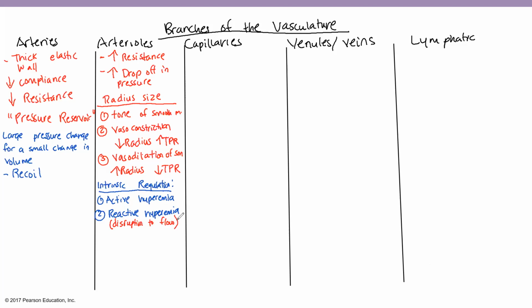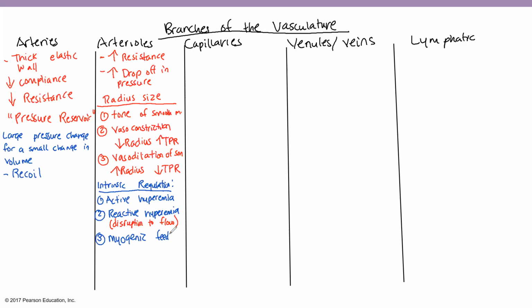It's not that the tissues are using more oxygen and generating more metabolites, it's that they're not getting enough oxygen and enough flow to clear those metabolites, so we see a buildup because of that disruption in flow. So that's the second mechanism, same outcome, different cause. And then the third mechanism of intrinsically regulating flow was myogenic feedback.